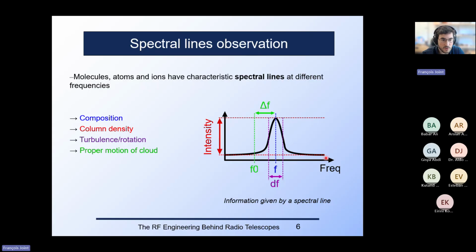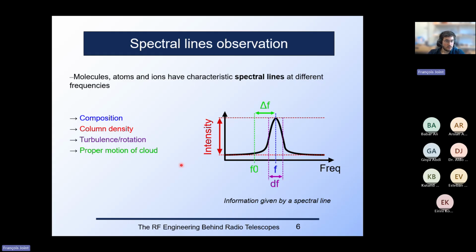So the hotter the cloud is, the broader the transition will be. Of course, the last important feature is the shift, delta F, compared to the rest frequency. It tells you about the redshift, the Doppler shift. It will tell you the radial velocity of the clouds.